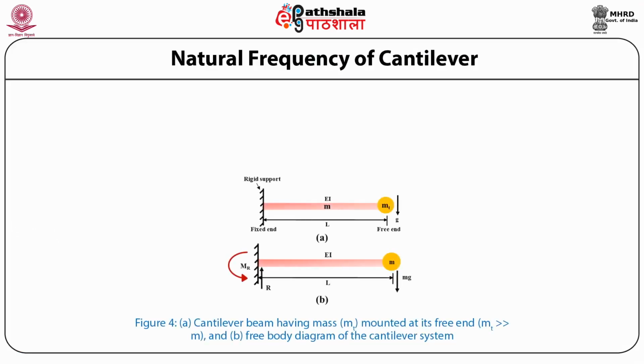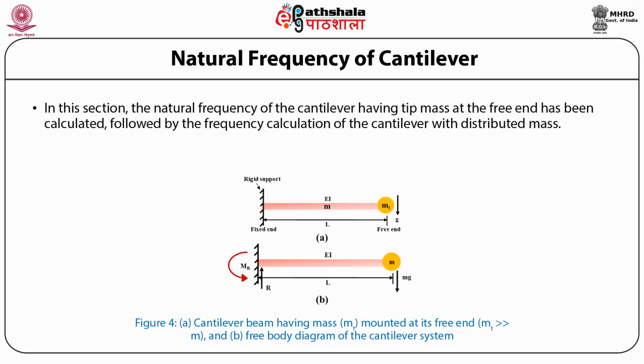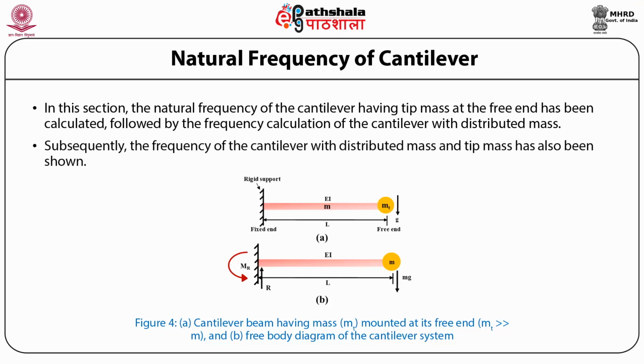Natural frequency of cantilever. So students, in this section, the natural frequency of a cantilever having a tip mass at the free end has been calculated, followed by the frequency calculations of the cantilever with distributed mass. Subsequently, the frequency of the cantilever with distributed mass and tip mass has also been shown.